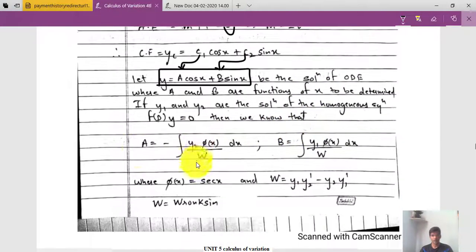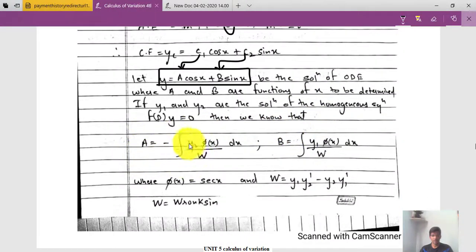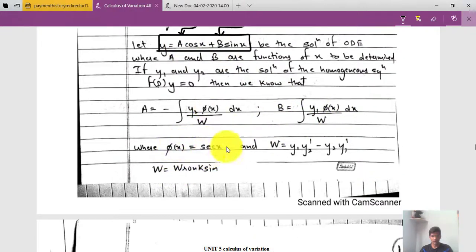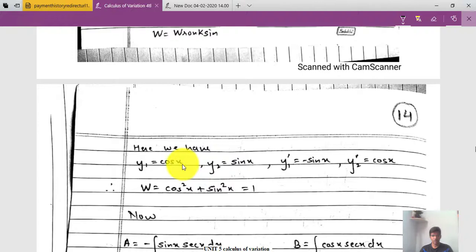Now a prime is equal to minus y2 phi of x divided by W, by the formula. I need to find the value of a and the value of b. Here phi of x is sec x, and the Wronskian is y1 y2 prime minus y2 y1 prime. So y1 is cos x, y2 is sin x, and y1 prime is minus sin x. If I take the Wronskian, it turns out to be 1.